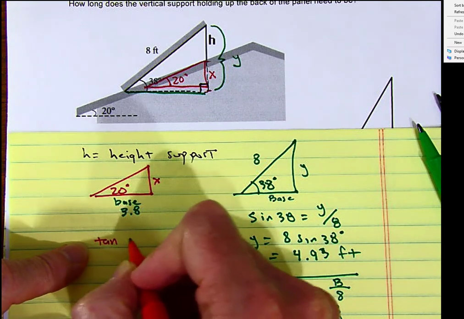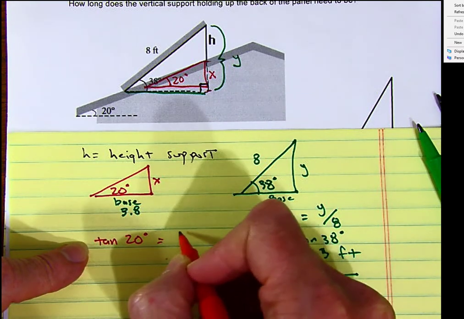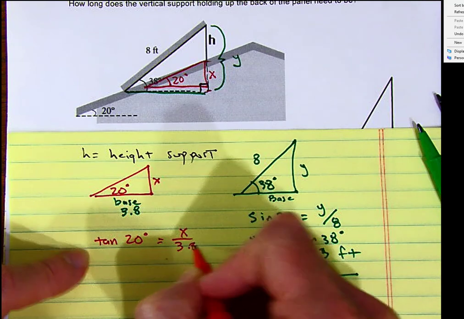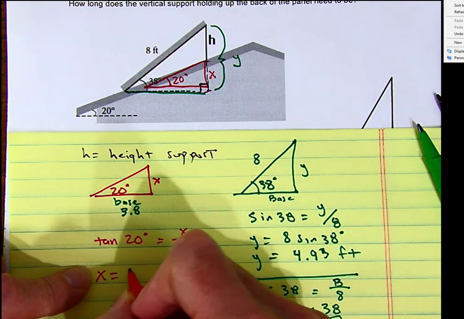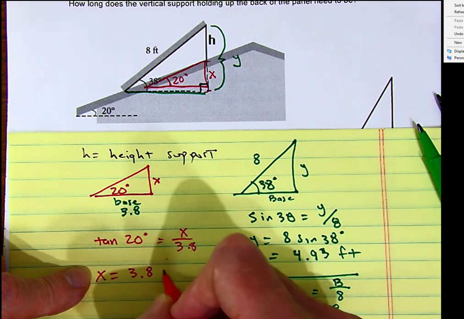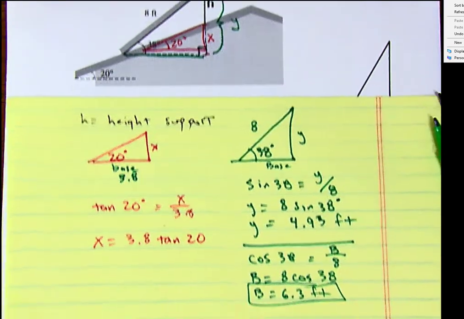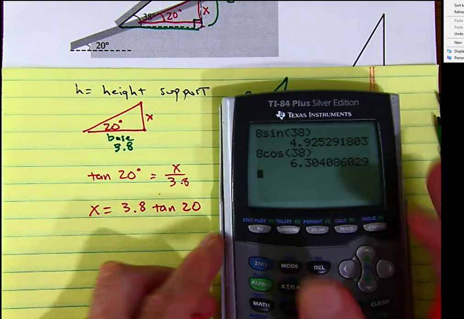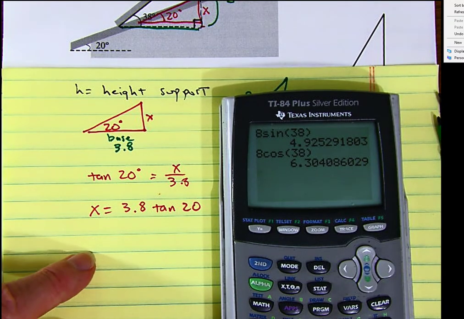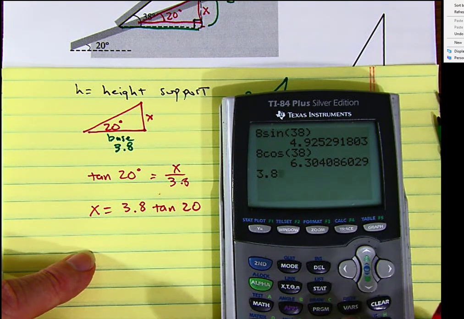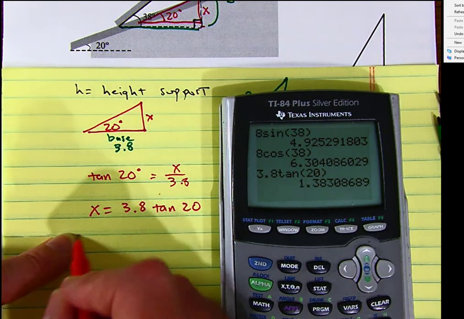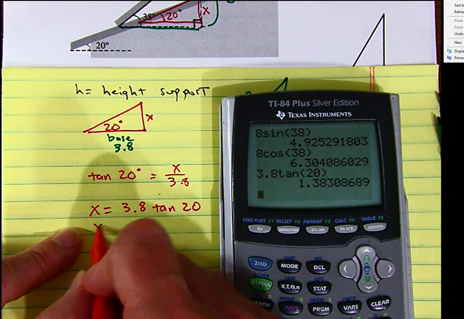So tangent of 20 is going to equal x over 3.8. Multiply 3.8 on both sides. And we got 1.38.